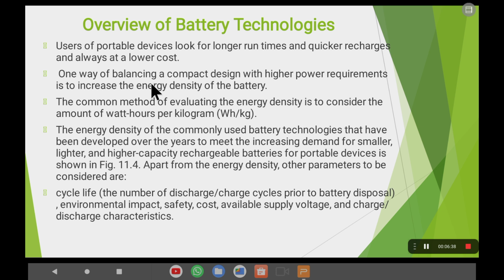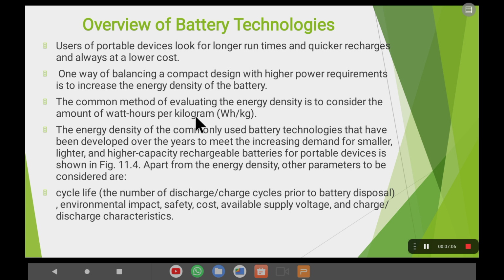We also expect fast charging of devices nowadays. One way of balancing a compact design with higher power requirements is increasing the energy density of the battery. A common method for evaluating energy density considers the amount of energy in battery units, watt hour per kilogram, as well as ampere hour per kg.